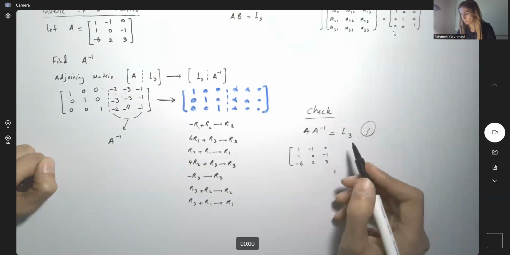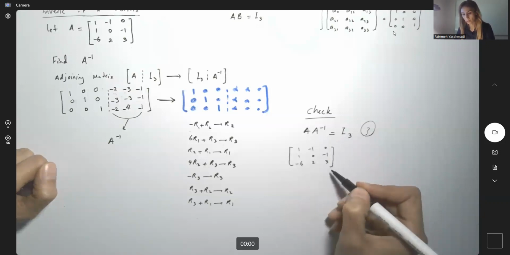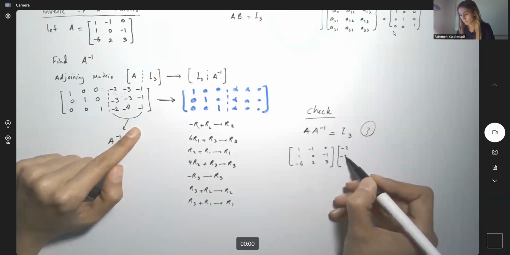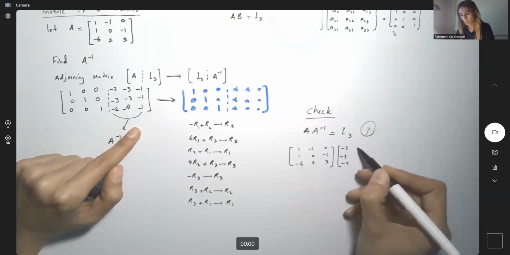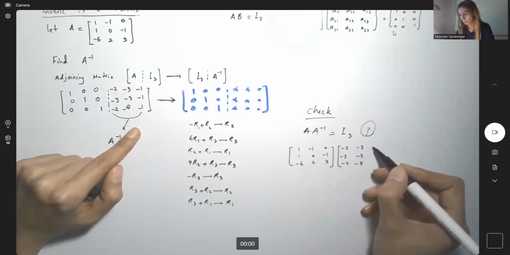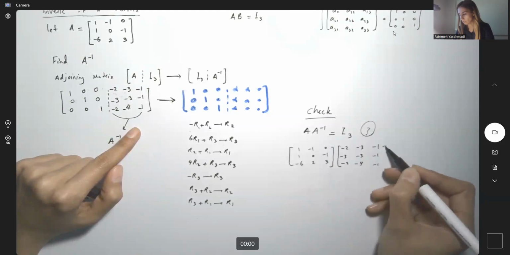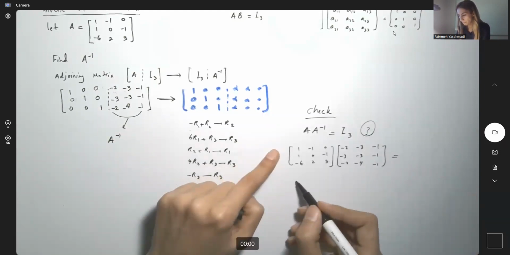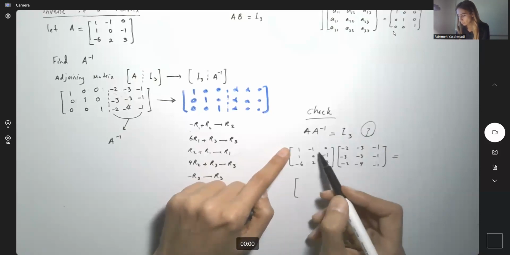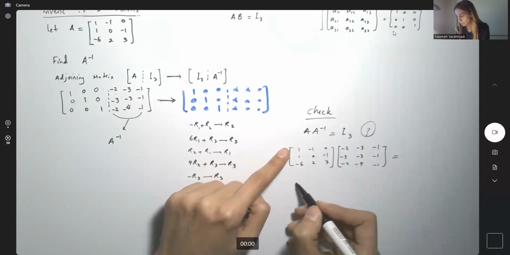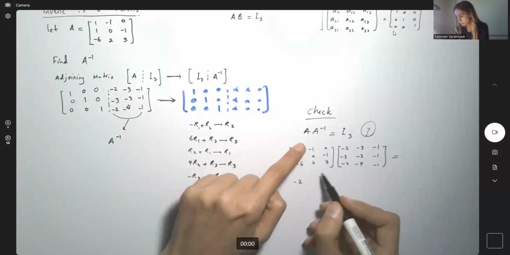And it's going to be multiplied by this new matrix that we created, which is -2, -3, -2, and -3, -3, -4, and here we have -1, -1, and negative.